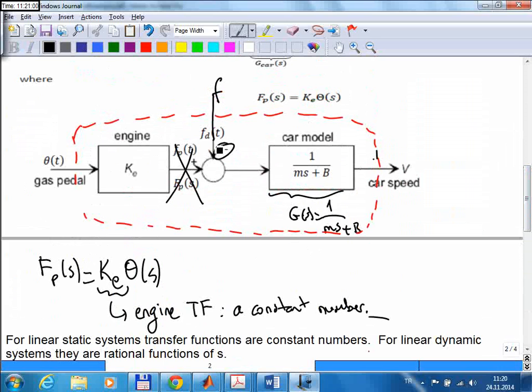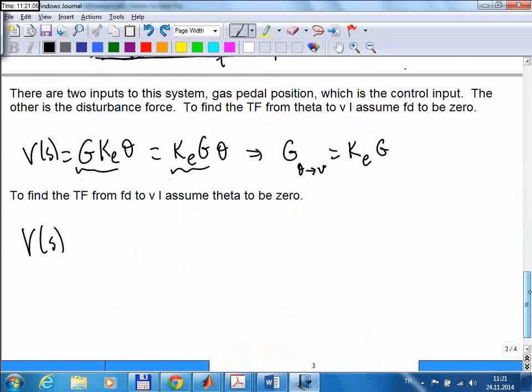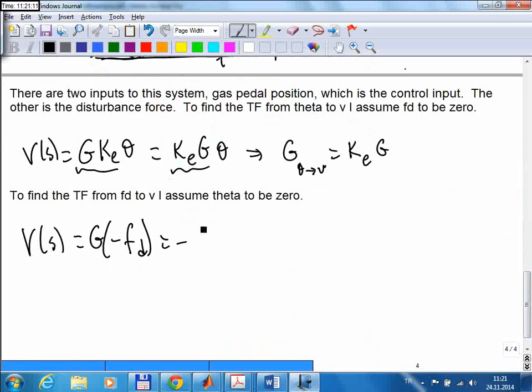I shouldn't forget that negative sign there. It is equal to G times minus Fd, or the same thing as minus G times, well, I should use capital letters since this needs to be a signal in the s domain. So from here the transfer function from Fd to V is given by minus G. Okay?